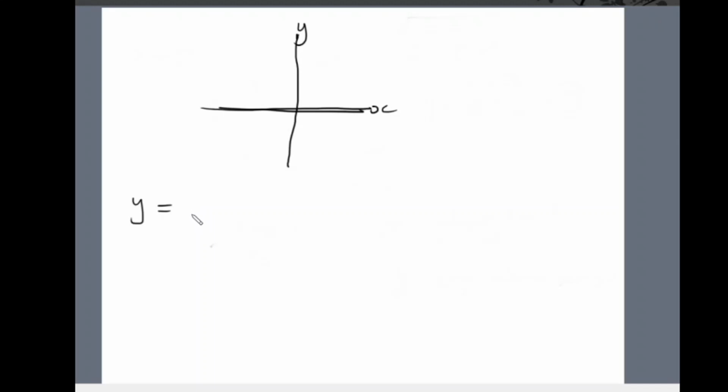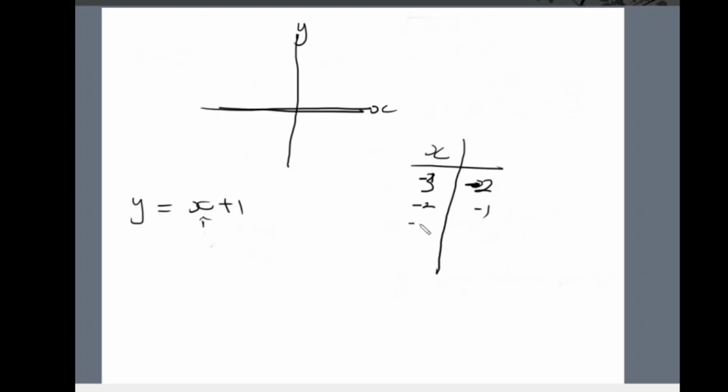So if we have the function y equals x plus 1 and pick a few points for x, when x is minus 3, we know ukuthi y will be minus 2. And then when x is minus 2, we know ukuthi y will be minus 1.